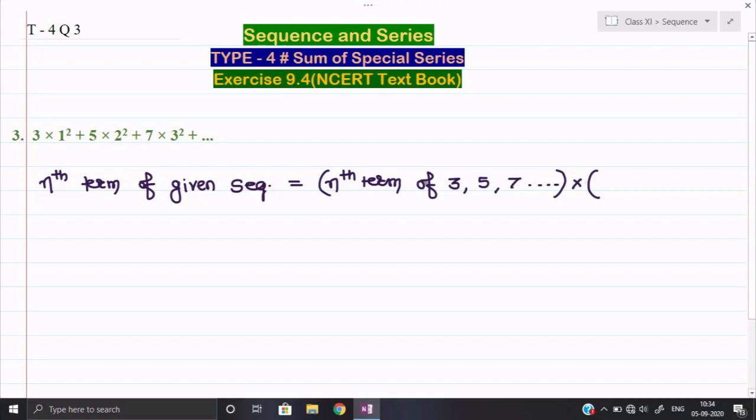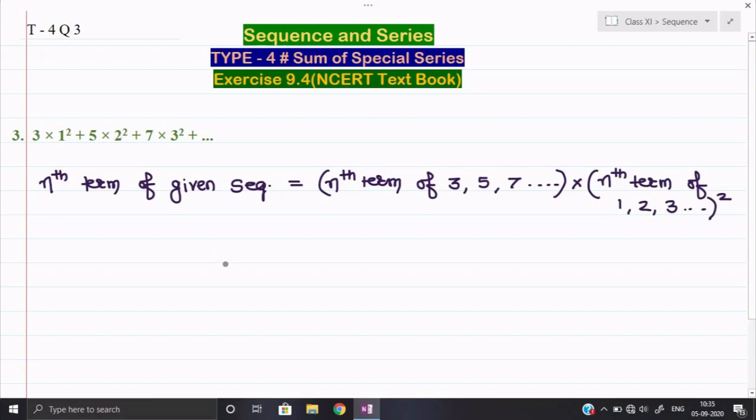See like this, nth term of, first I will take without square, 1, 2, 3, and here I will put the square. Suppose next time if they give cube or any other power, simply put outside the bracket. It will work and your answer will also come the same.